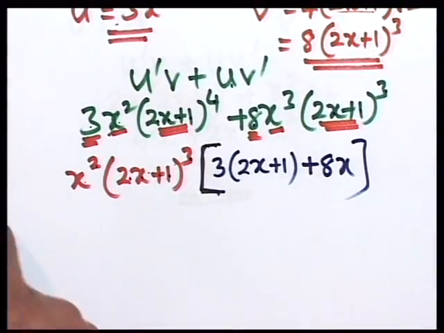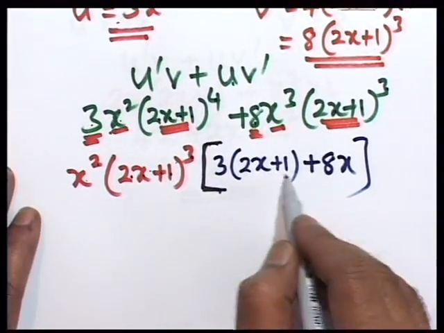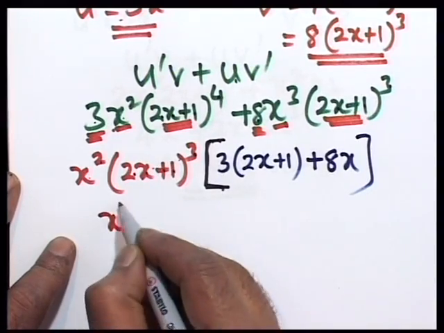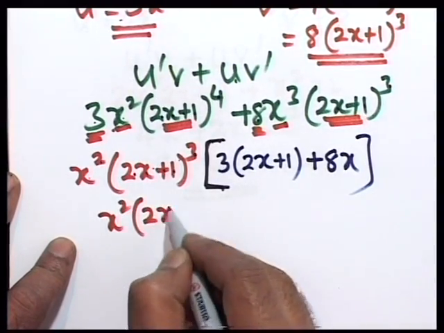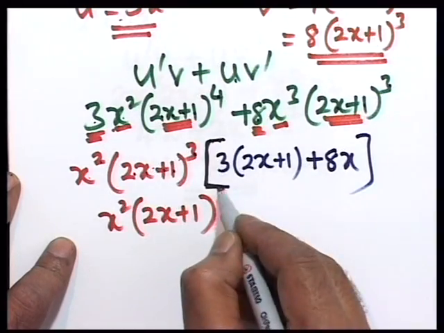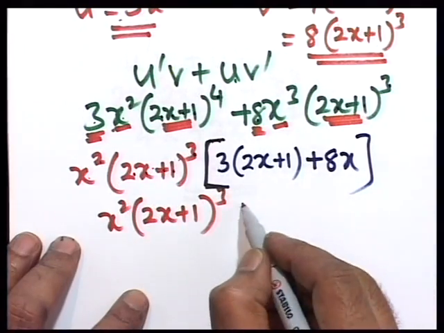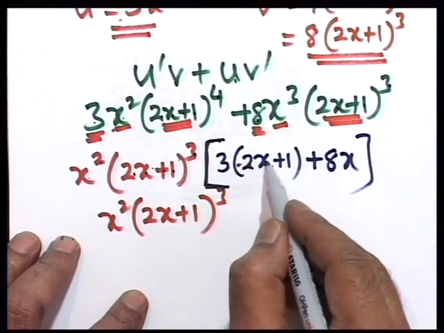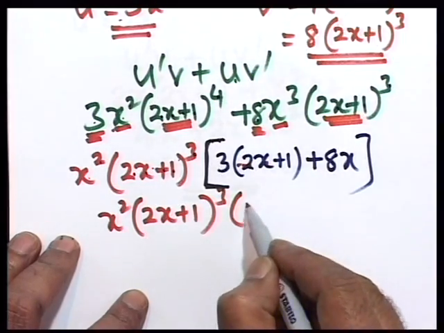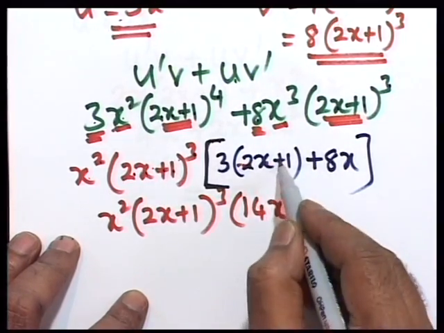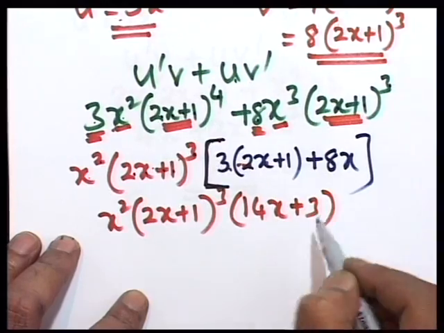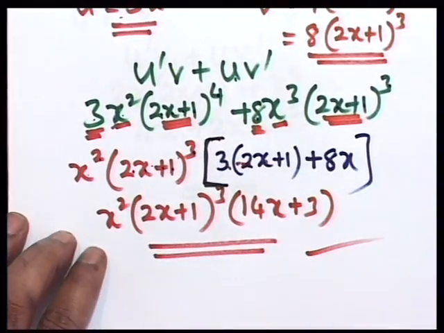That's what I have, but please remember, don't leave the answer like that. We need to open the brackets and collect the like terms inside the bracket there. So the first two remain the same. This is 3 times 2, 6x plus 8x, which is 14x, and then plus 3 times 1, a 3. So we leave it like that.